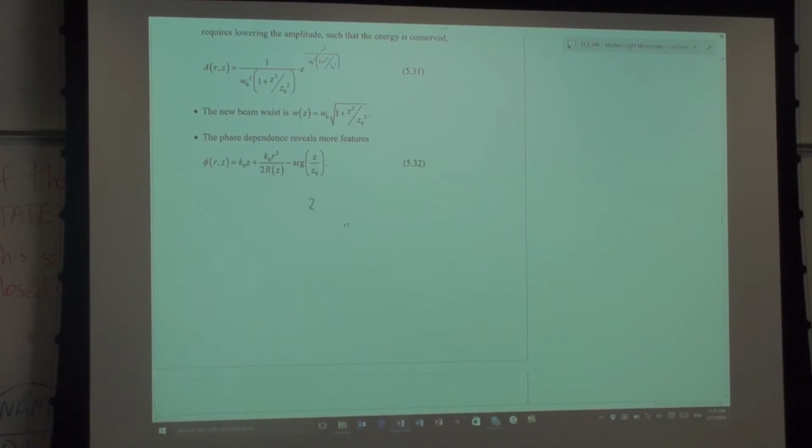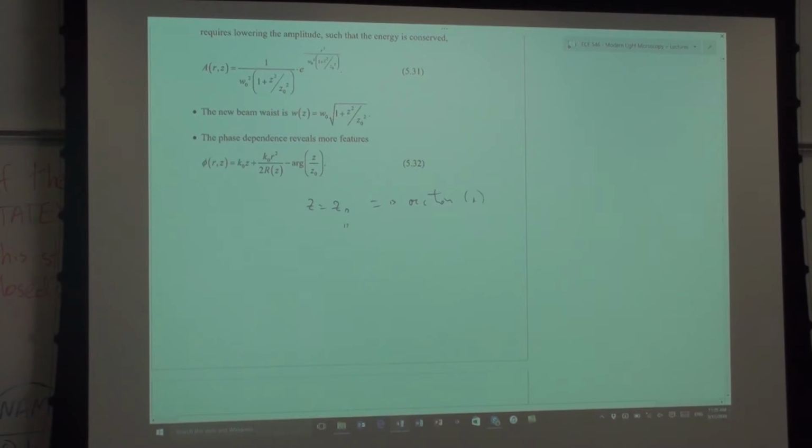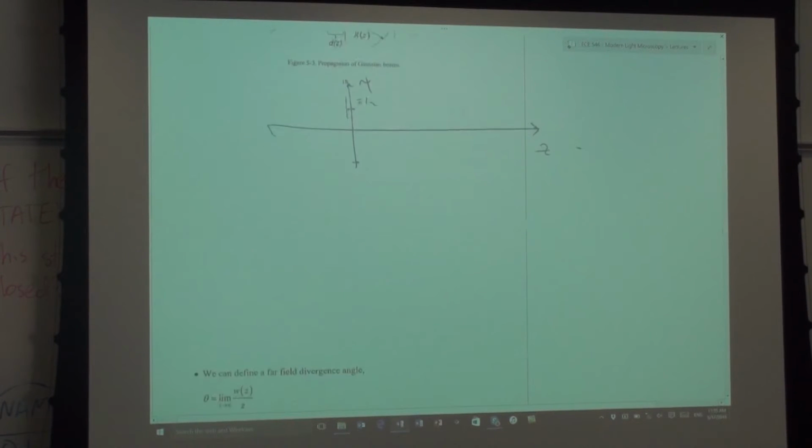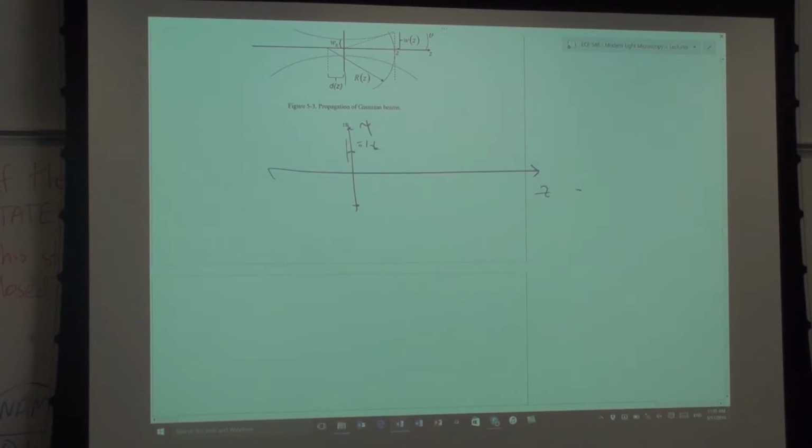So when z equals z naught, you get arc tangent of 1 equals pi over 4. And when I go to the minus sign, I get arc tangent of minus 1 equals minus pi over 4.